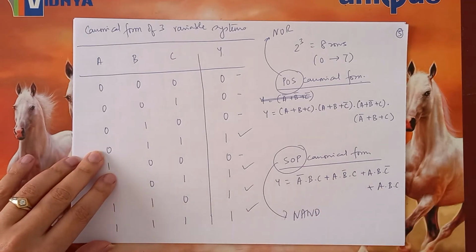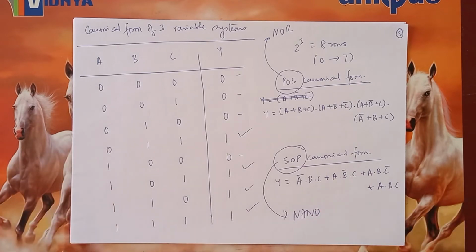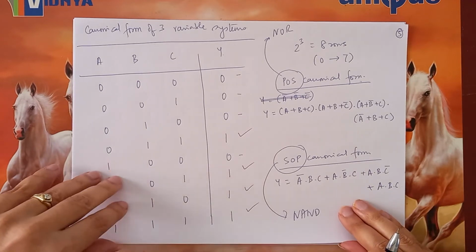So we have an SOP canonical form. Let us see how to represent this using NAND gates.